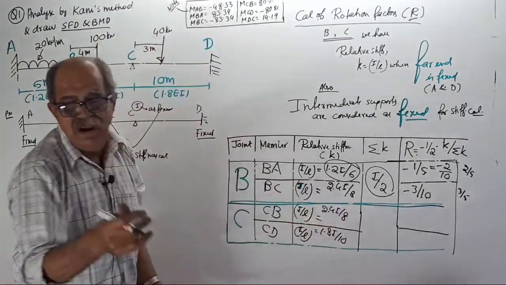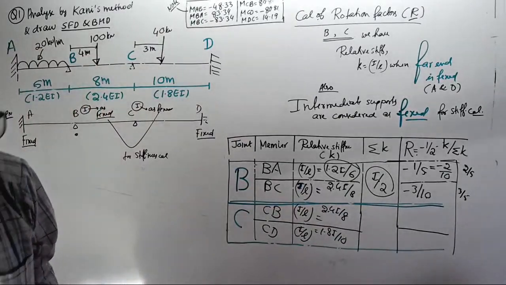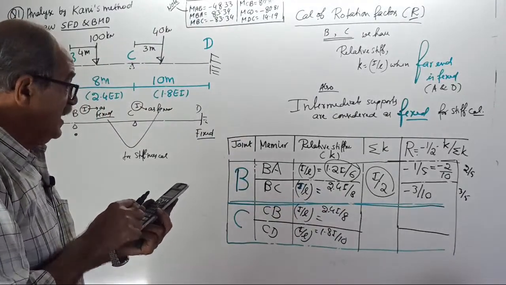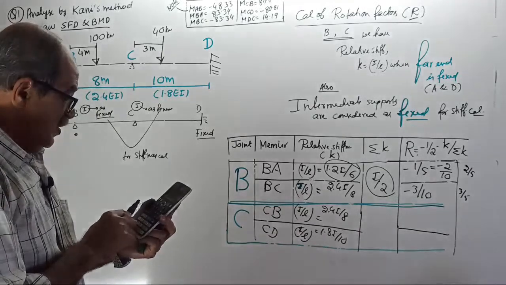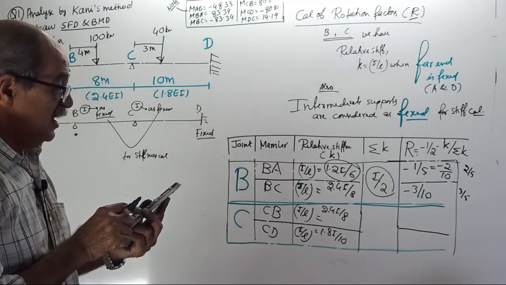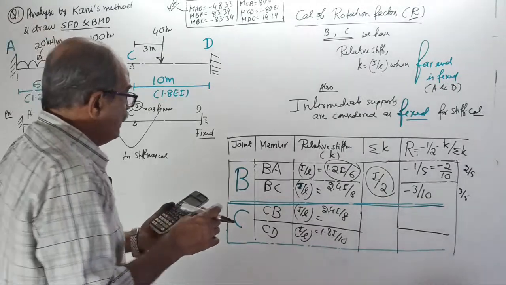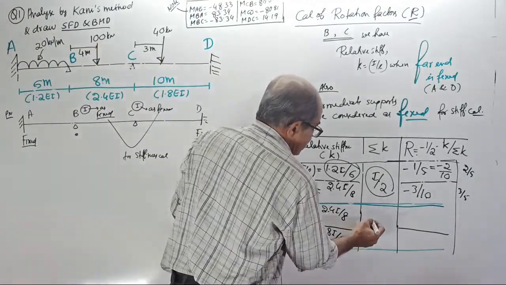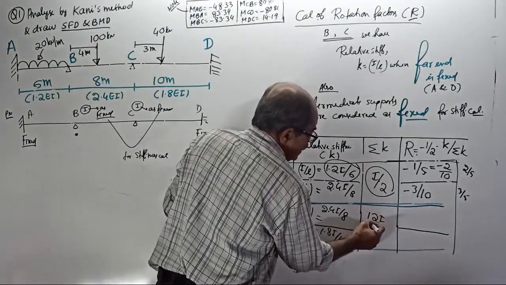Add these two. I will do it because you will take a lot of time. 2.4 by 8 plus 1.8 by 10. It gives you 12I by 25.